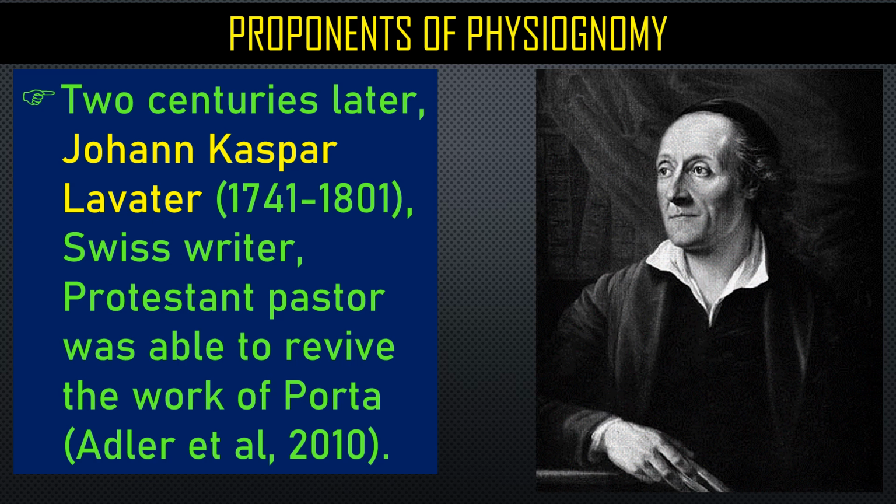So ni-revive niya, isa itong pastor, isa itong naniniwala sa Bible. So kasi sa Bible nga ay si Satan ay describe na may sungay na pangit. So ayon din sa kanya na yung mga pangit na mga tao, sabi niya ay mag-aasal pangit. Yun ang idea ni Johann Caspar Lavater.